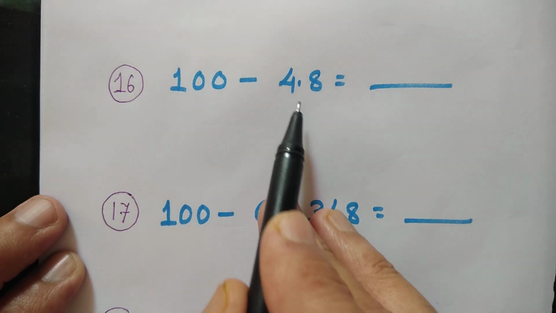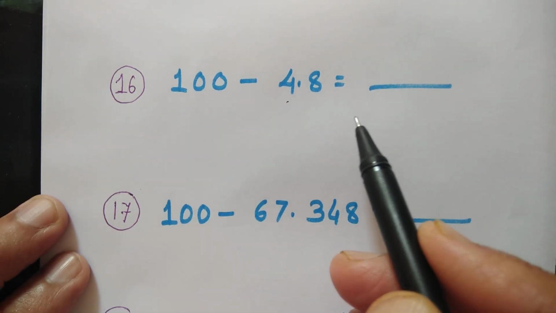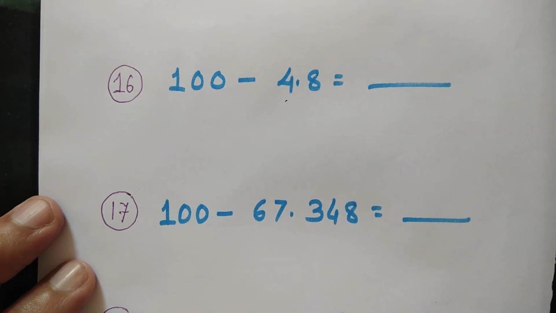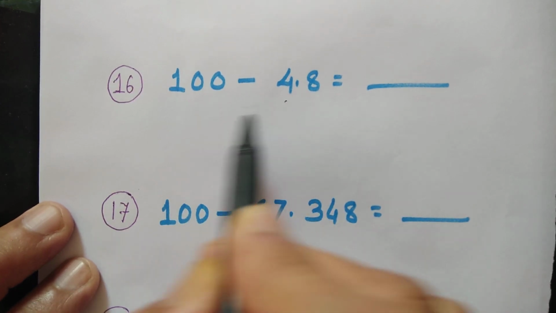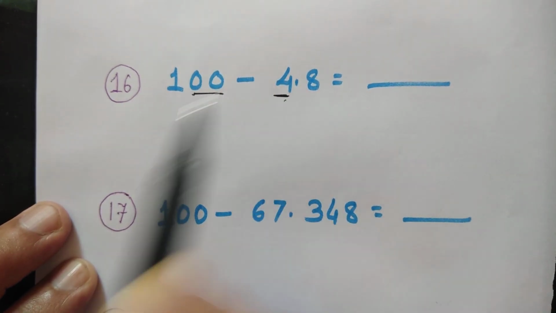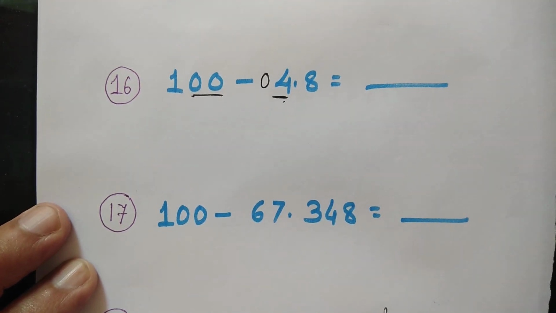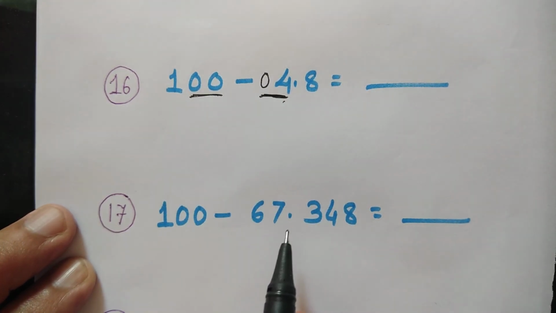What about decimal numbers? When the number is a decimal, how do we subtract it from 100, 1000 and 10,000 within a second? Let's see the example. 2 digits and here 1 digit. So put 0, as we understood in the previous example. 2 digits, 2 digits.